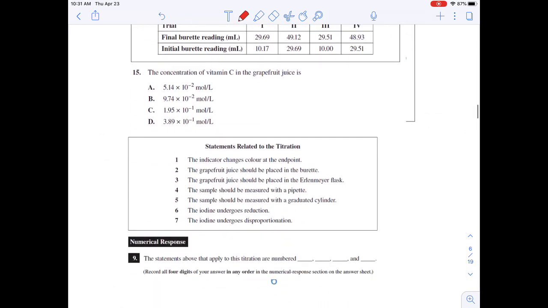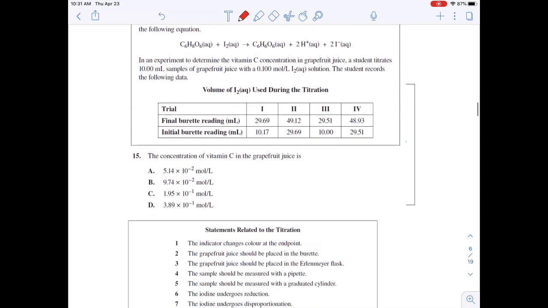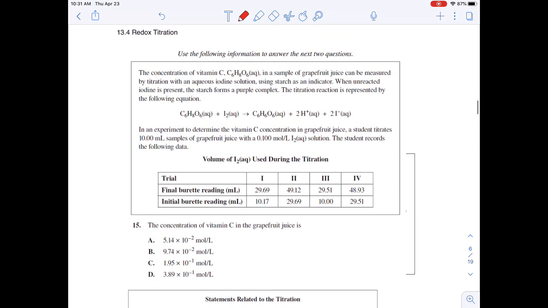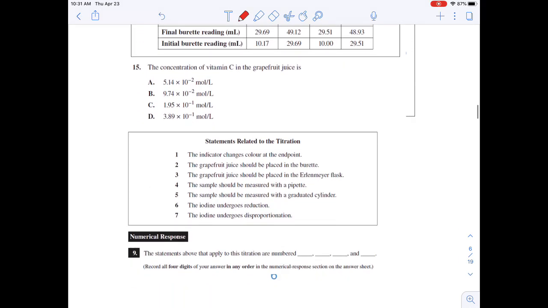So it says here, statements that apply to the titration. The indicator changes color at the end point. The grapefruit juice should be placed in the burette. Well, they have 10 milliliter samples of grapefruit juice, so the grapefruit juice is not in the burette.